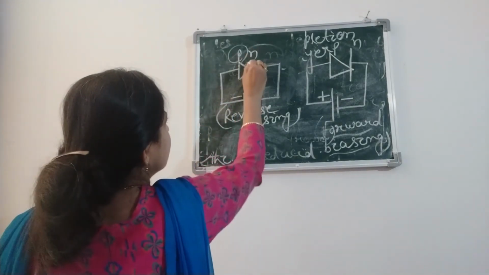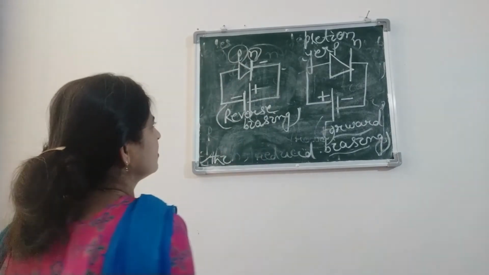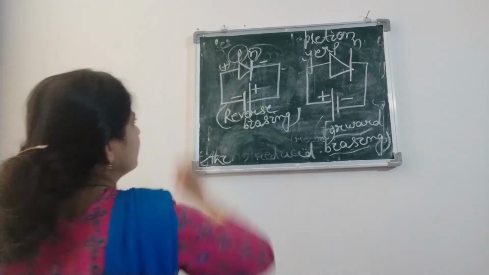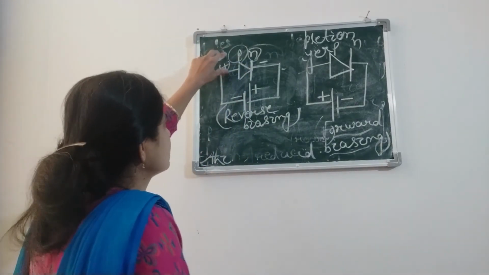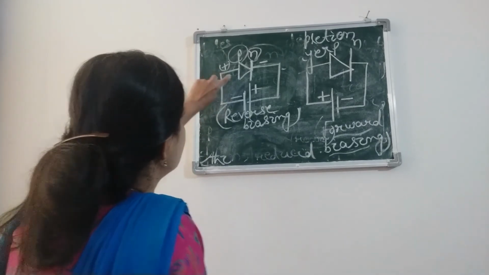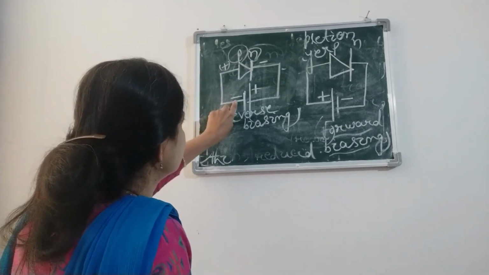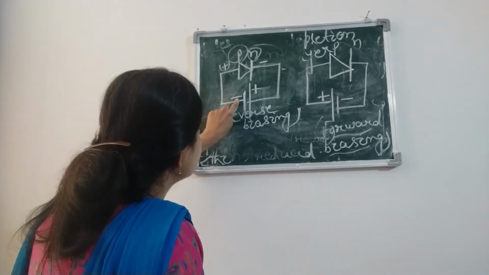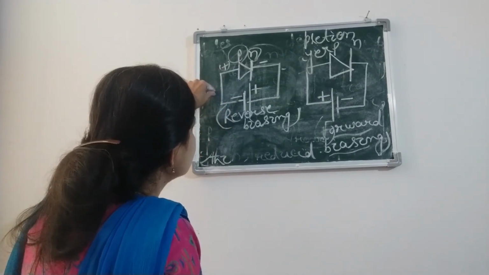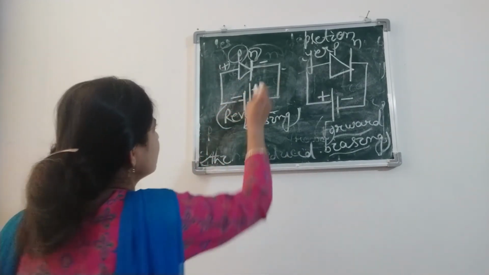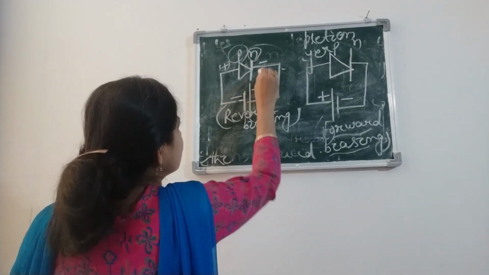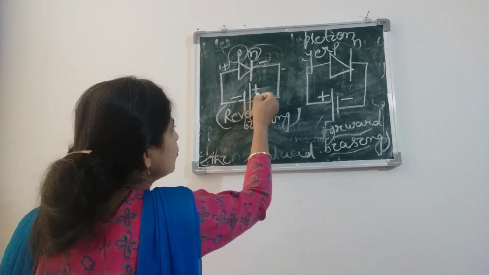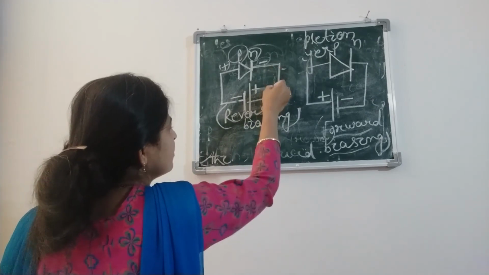As we know, on the N side, electrons are the majority charge carriers, and in P type the holes, which are considered positive charge particles, are the majority charge carriers. Now, the P terminal is connected to the negative, so they will attract. Same process here: negative, meaning electrons, are the majority charge carriers and are connected to the positive, so they will attract each other.